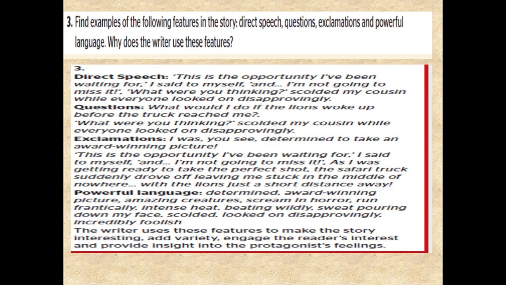And there are others as well. Questions: What would I do if the lions woke up before the truck reached me? Exclamations: I was, you see, determined to take an award-winning picture.